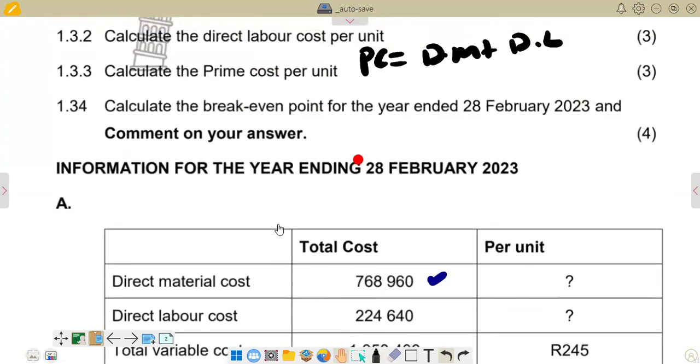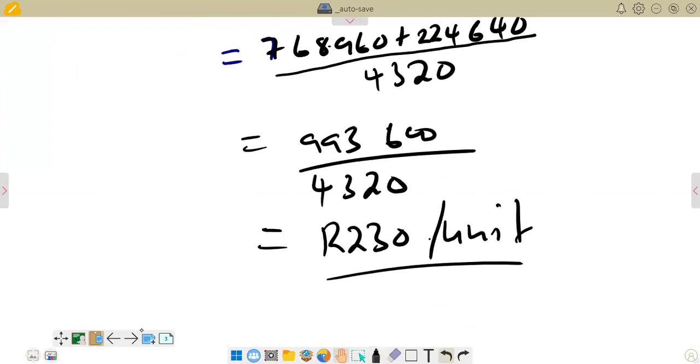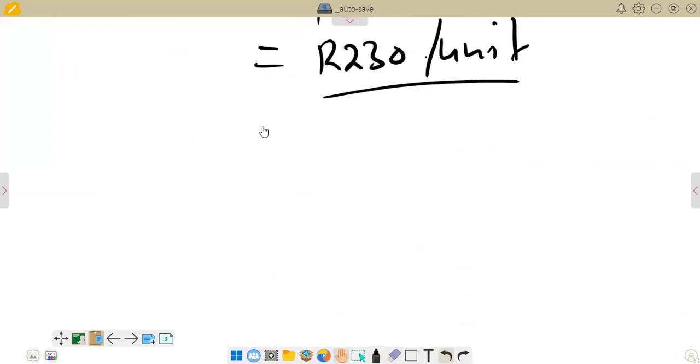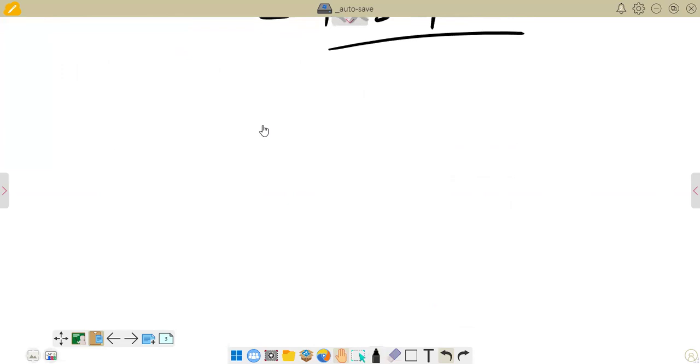So we also have the last one, which is saying calculate the break-even point for 2024-2023 and comment on your answer. So what is important again is to put down the formula first. Remember, we are now on 1.3.4, whereby we are saying break-even point.